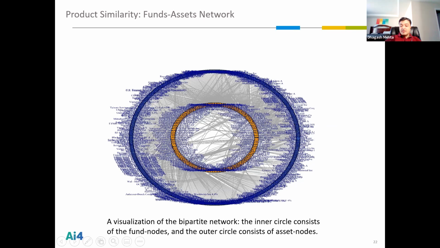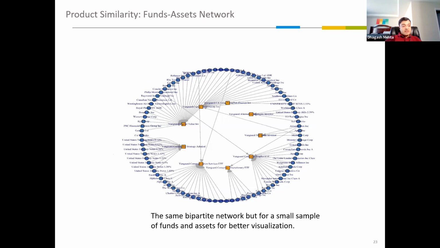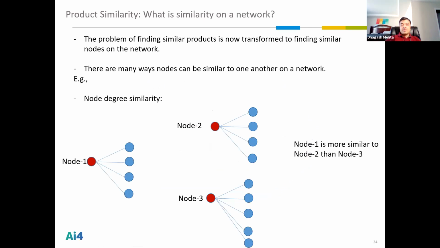This might not be very helpful, but it's a nice representation of the tabular data. And this is for the simpler case where I have just 8 or 9 mutual funds and some assets in it. It's just a sample of that.